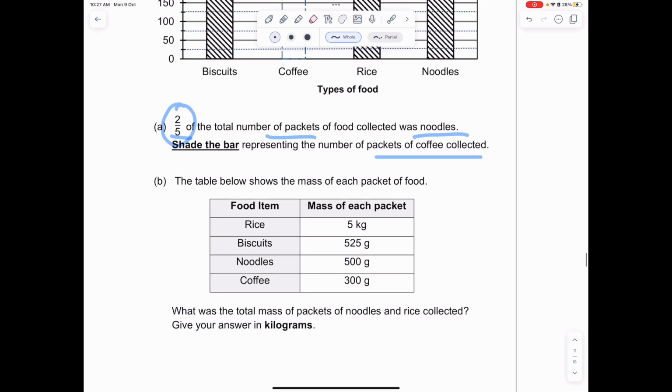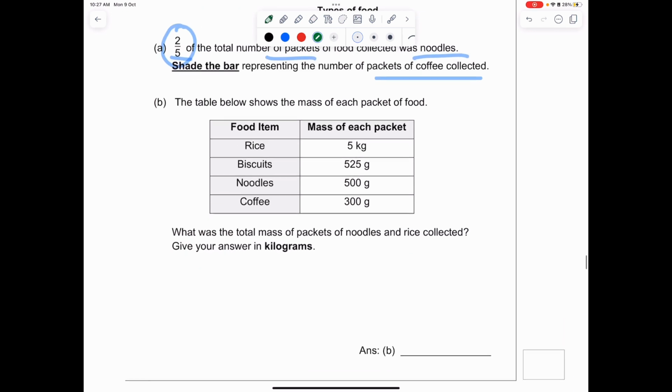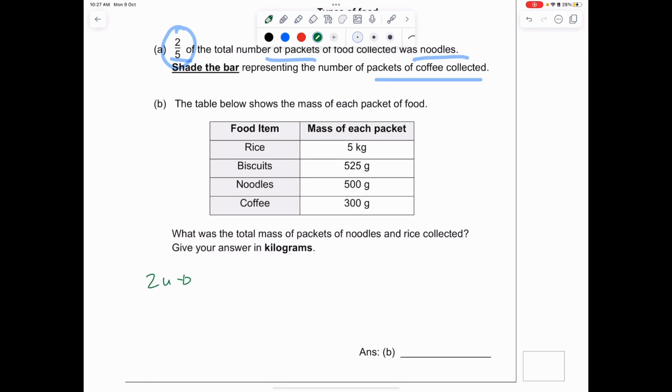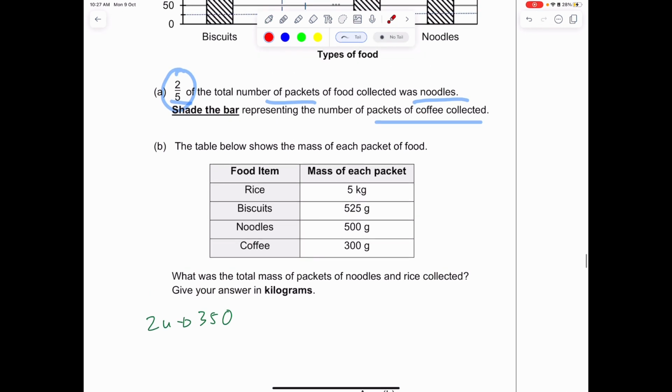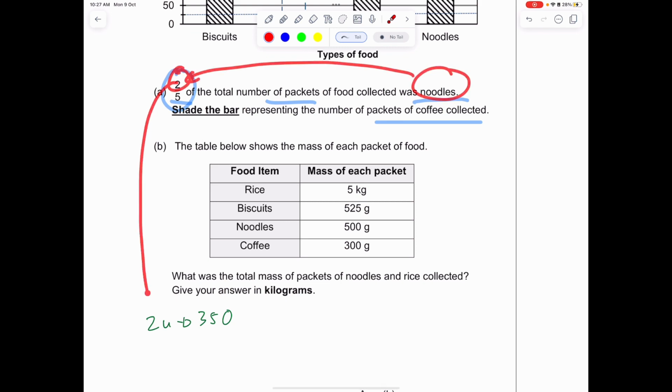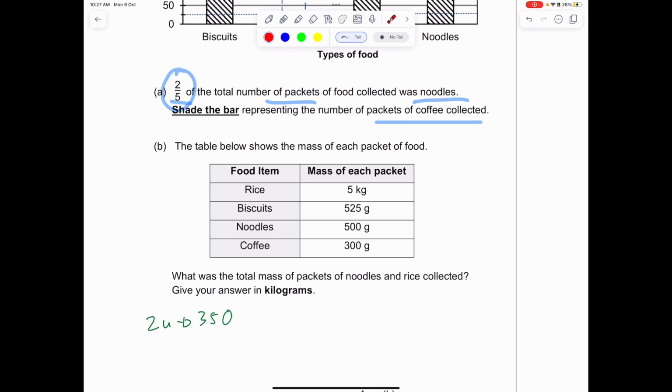So how do we do the working? 2U is 350. So how do I know that 2U is 350? Because it's already stated here. 2/5 of the total number of packets of food collected was noodles. So the 2 units is here. How do I get the 350?